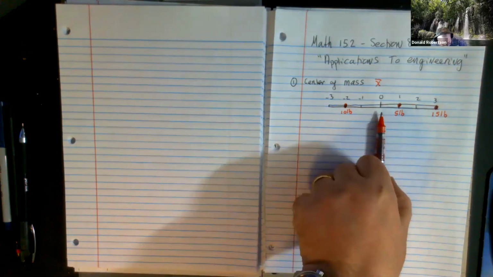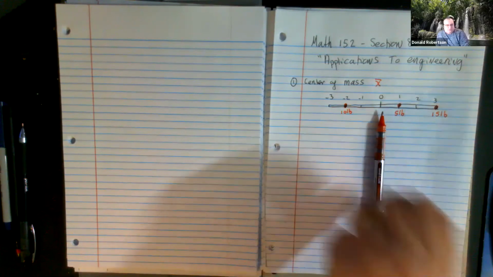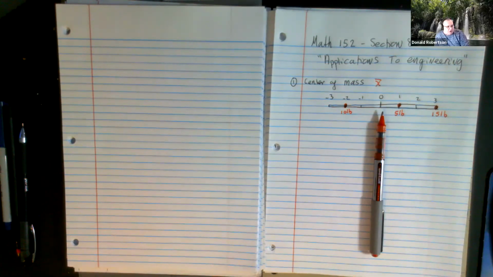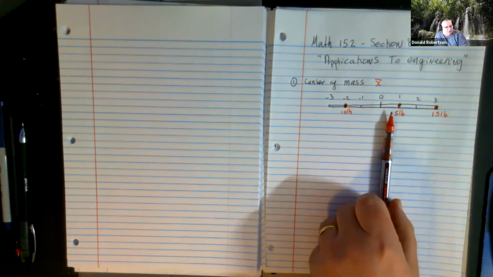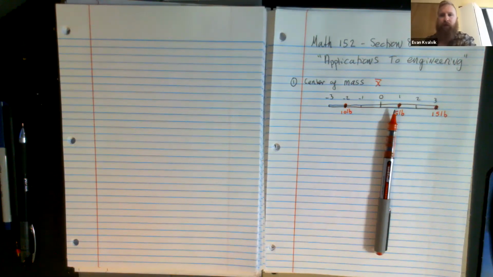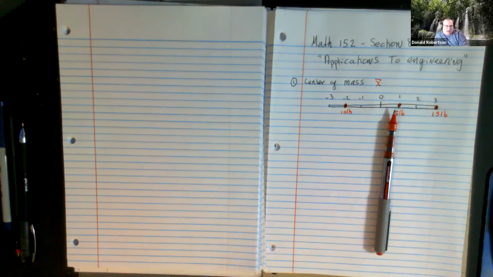Now, if you are a gambling person, you might think that it's going to be right there at 0. Do you think it's more likely to be maybe at 1, or at least to the right of 0? Does that seem more reasonable? Yes. Now, you can't guess. Guessing is bad, so we need to have a way of finding it.